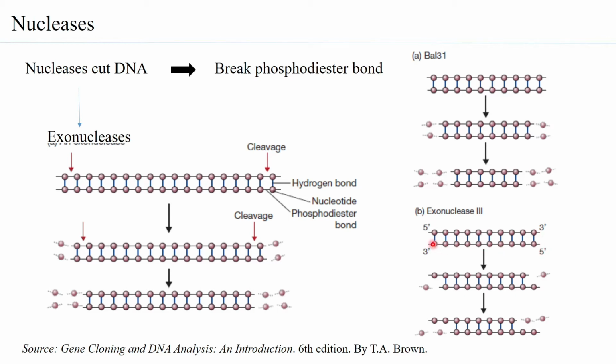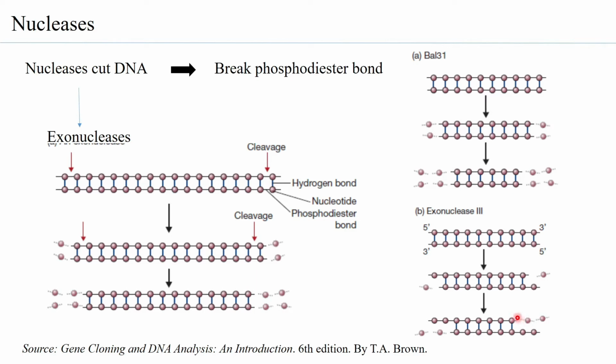So you can very clearly see over here that exonuclease 3 removes the nucleotide from the 3' end of the double-stranded DNA. So it will remove the nucleotide from this 3' end as well as from this 3' end.